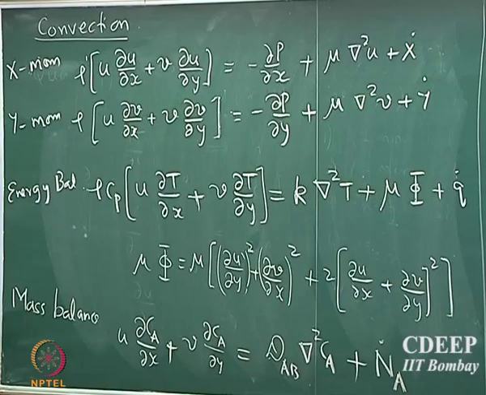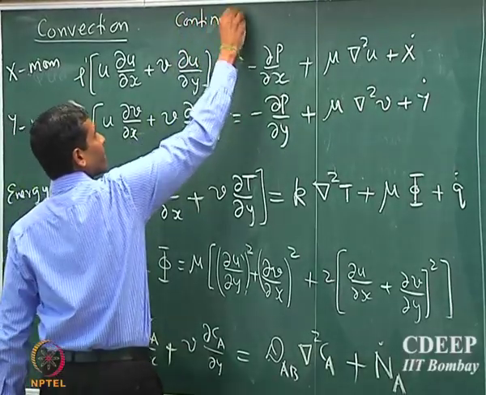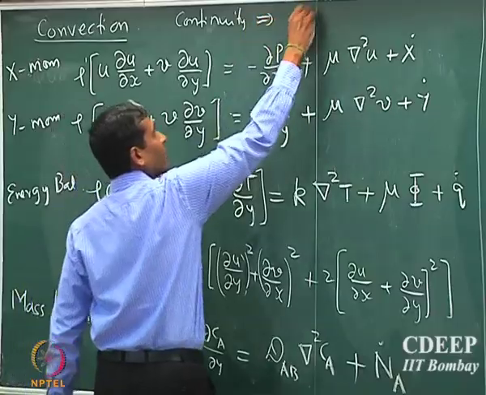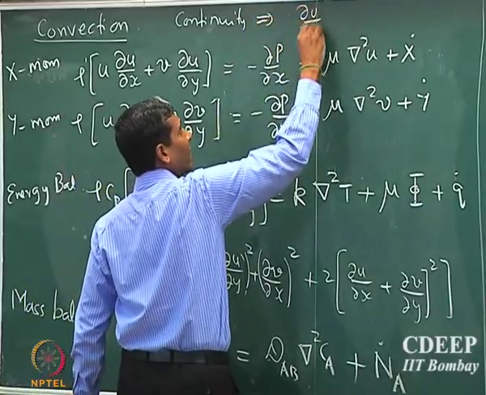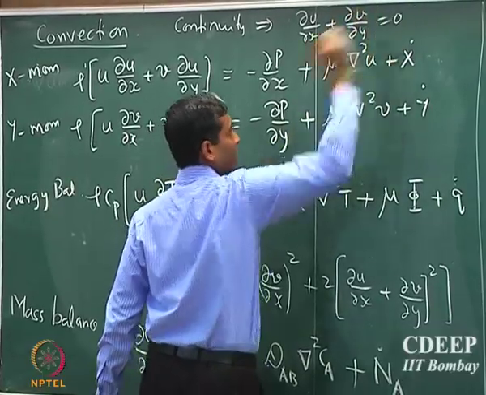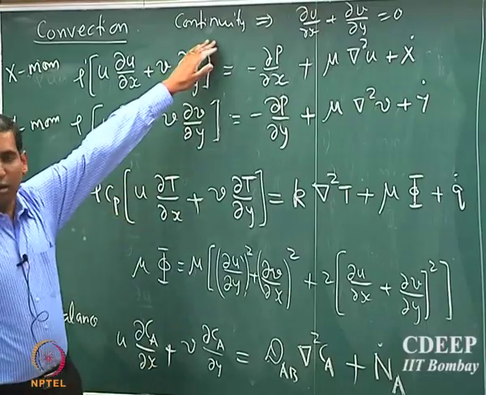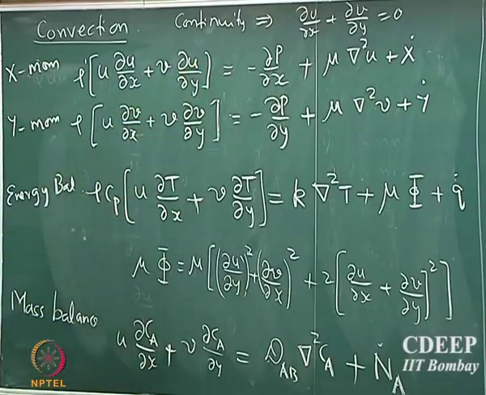So these are the four balances, and of course you can write the continuity equation. That is dou U by dou X plus dou V by dou Y equals 0. The moment you say it's an incompressible fluid, the continuity equation is naturally satisfied, right?